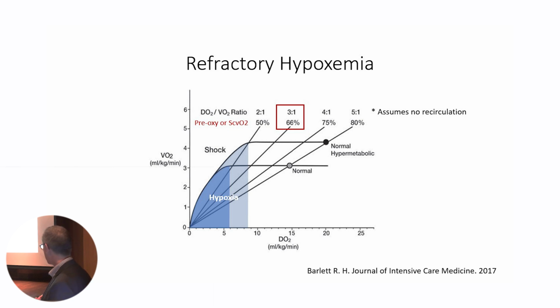And this is where you get production of lactate, organ failures, tissue hypoxia, to be differentiated from blood hypoxemia. And this is what you want to avoid.